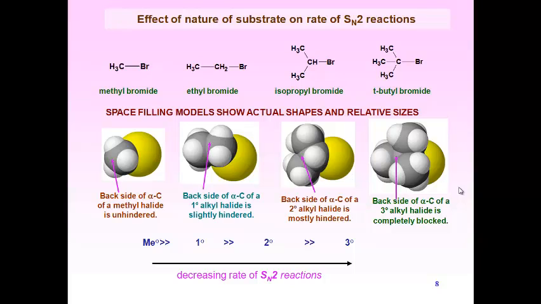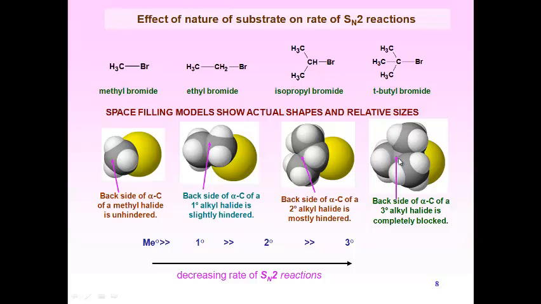And this space filling model shows the actual shapes and relative sizes of various alkyl halides. The backside of the alpha carbon of a methyl halide is unhindered here. Here the backside of the alpha carbon of a primary alkyl halide is slightly hindered. Let us consider secondary alkyl halide. Here the backside of the alpha carbon is mostly hindered.